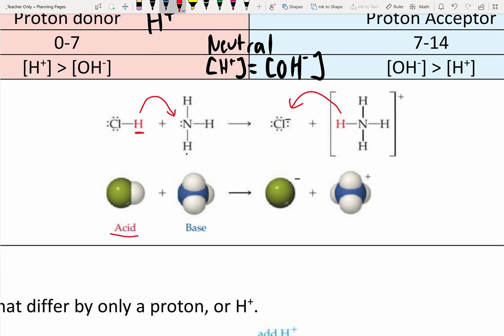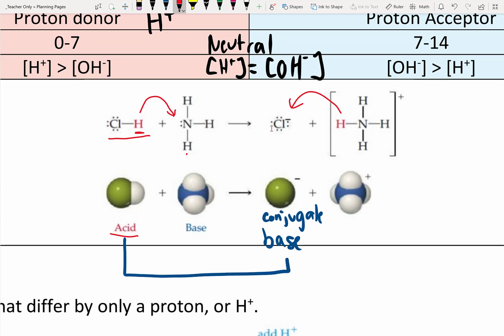And you might remember this language, since the HCl is the one with the proton, and then over here that Cl- could accept a proton, it is the acid's conjugate base. Conjugate base to that HCl acid, where this base, the NH3, has a conjugate acid, which is the NH4+.